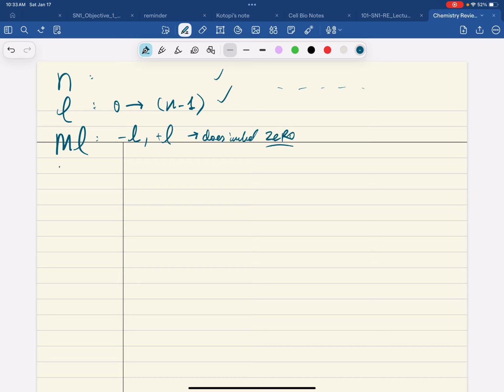And lastly, we have MS, which is spin. Spins are usually plus half or minus half. It means spin up or spin down.